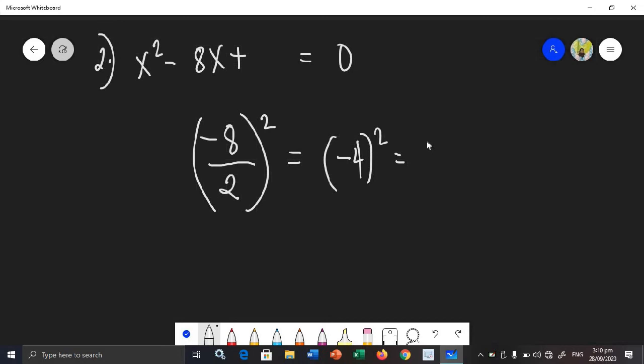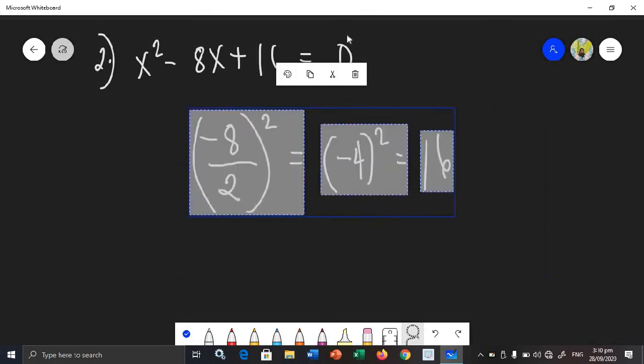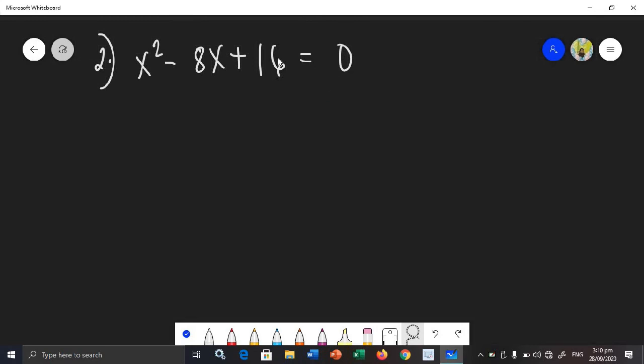The answer is 16. Okay? Kaya siya always positive kasi ini-square natin siya. Kahit negative yung makuha nyo dito, i-square natin, magiging positive pa din siya. That's why I told you earlier na always positive yung third term.